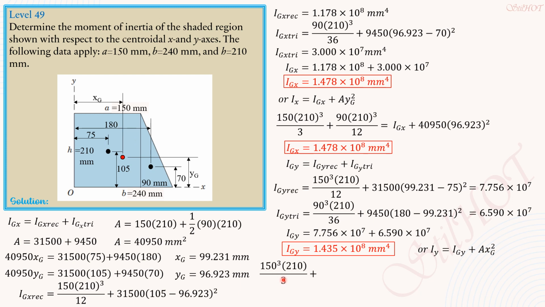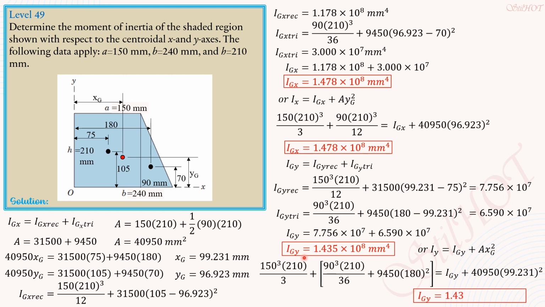So 150 cubed times 210 over 3 for the rectangle, plus 90 cubed times 210 over 36 plus area of triangle 9450, then transfer to the y-axis. That's why the distance is 180 squared. So that is Iy of the entire region. Then equate to IGY plus area 40,950 times xg squared, where xg is 99.231, squared. Solving for IGY, it should be the same as 1.45 times 10 to the 8 mm to the 4th. So that's a way of checking the answer.